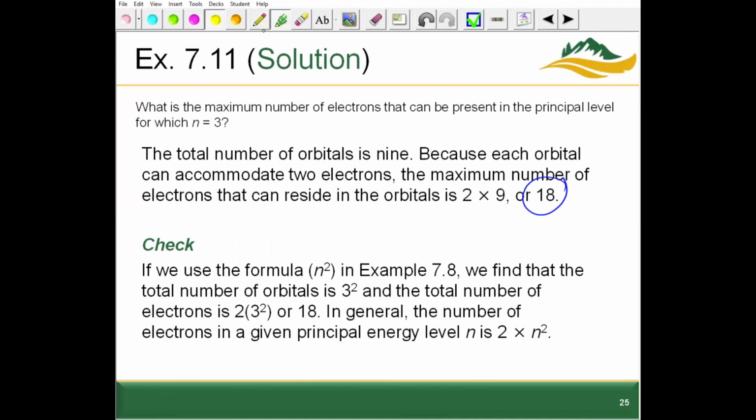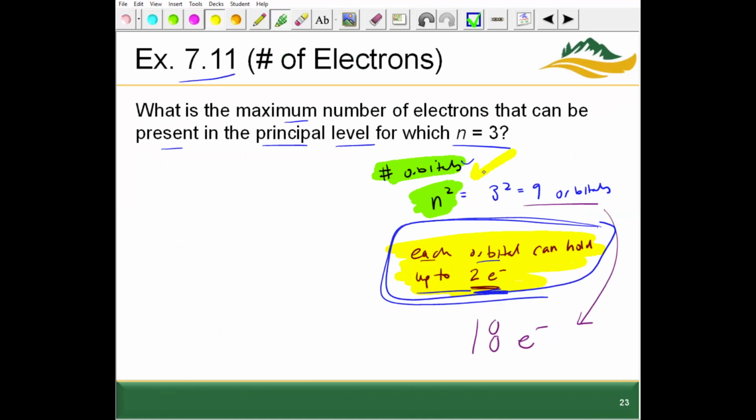Let me tell you yet another different equation. This is similar to what we saw, but we could also find the total number of electrons by taking 2 times n squared. So just n squared tells us the number of possible orbitals, right? Then 2n squared tells us the number of possible electrons.